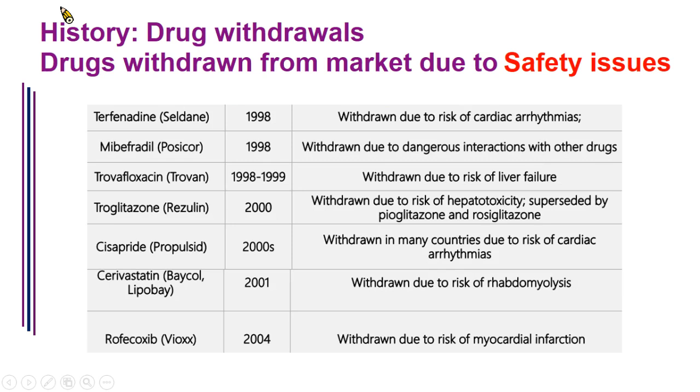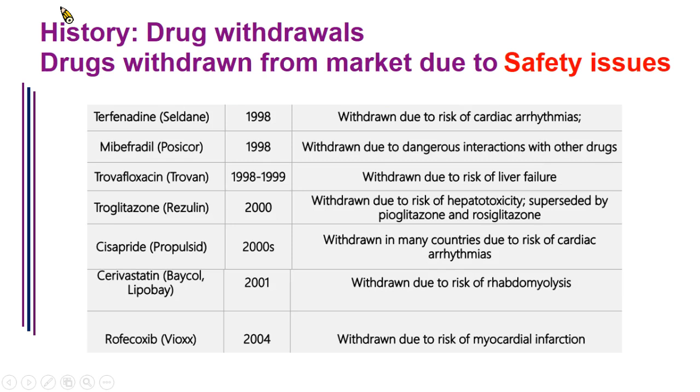As you look here, you can probably identify a few of those, like trovafloxacin. They were withdrawn because of the risk of liver failure, and also like cisapride, which is surprising.